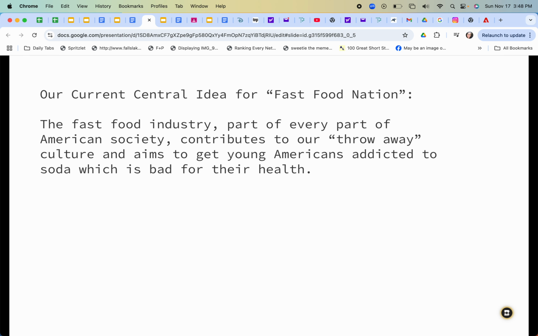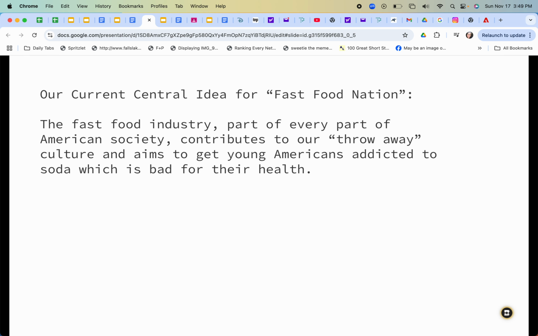So let's see how we can put that all together. The fast food industry, part of every aspect of American society, contributes to our throwaway culture and aims to get young Americans addicted to soda, which is bad for their health. So now we have a central idea that goes over everything we've read so far in Fast Food Nation.